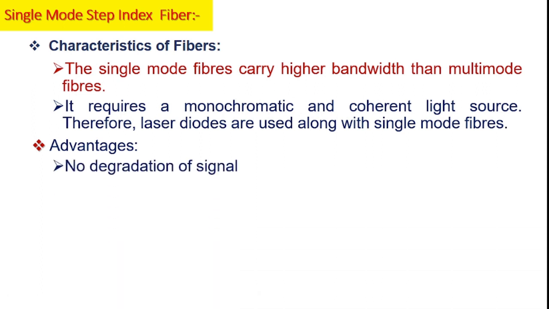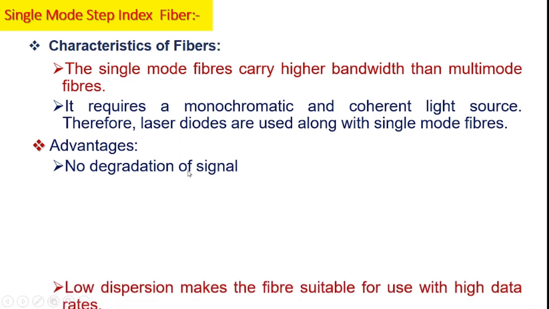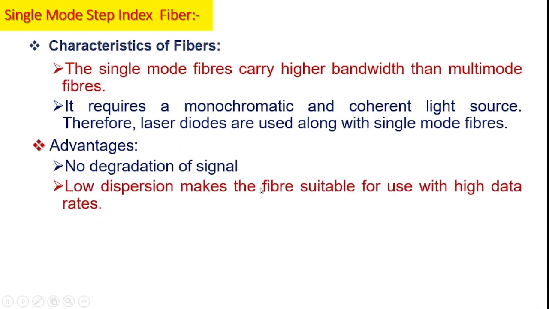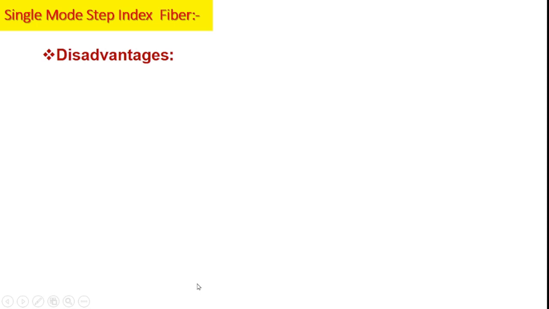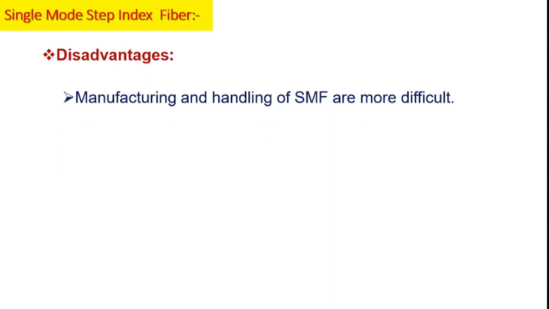Its advantages are no degradation of signal and low dispersion, which makes the fiber suitable for use with high data rates, and single mode gives higher transmission rate and up to 50 times more distance than multimode. That means in single mode optical fiber, since there is no loss, we can transmit it up to 50 times more distance compared to multimode fiber. Highly suited for communications.